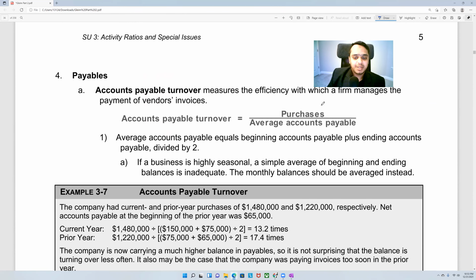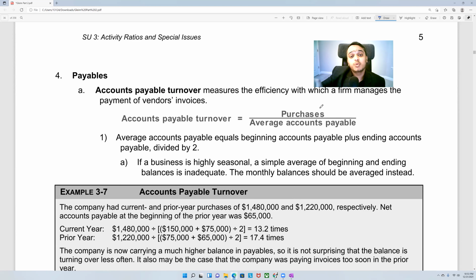Now, payable days. For payable days, you take purchases and divide it by average accounts payable. Sir, how am I going to remember this? You need to remember the relations between all these. In receivable days, you take net credit sales divided by average receivables. In inventory, you take cost of goods sold divided by average inventory. They are related to each other.